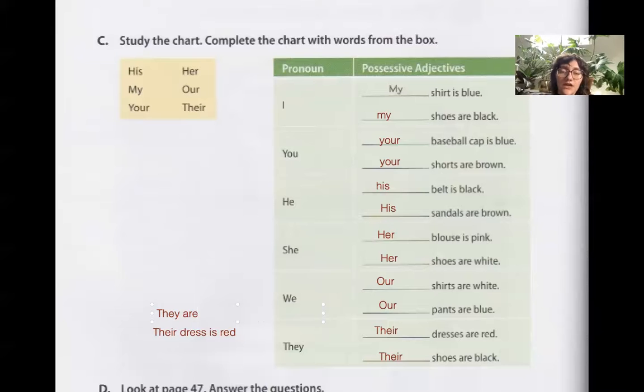But if you're talking about possessive, their, we would say their dress is red, because we're talking about third person singular. And when we use they for third person singular, you're going to use they are. And I know it doesn't really make sense as a rule, but it's how people speak.